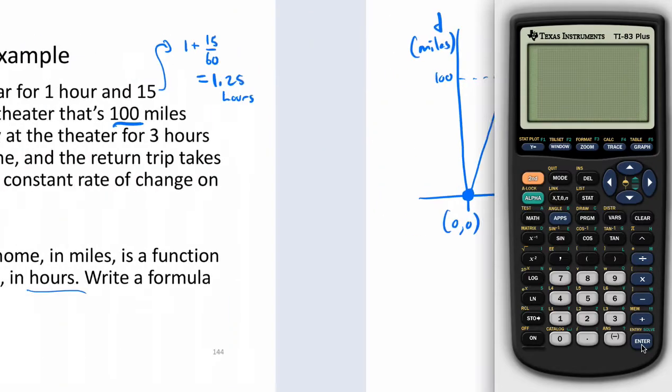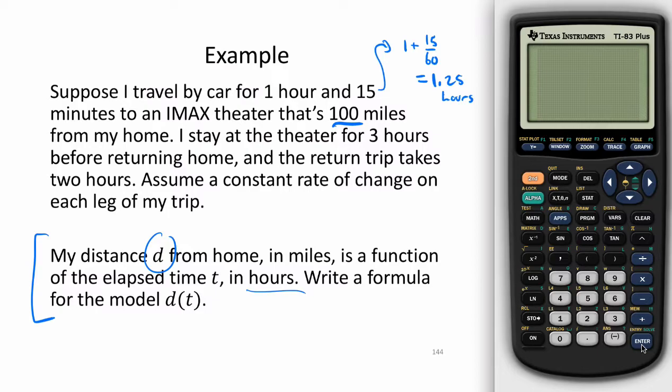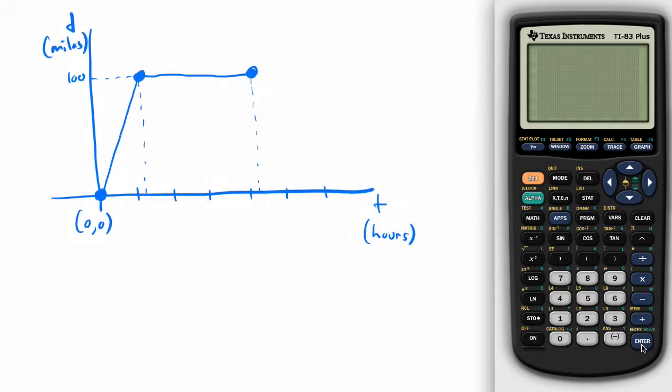And then, after that 3-hour period, I return home and the return trip takes 2 hours. So from 4.25 to 6.25, right about here, that's when I arrive home. And so a constant rate of change there. There's our model. This is going to help immeasurably.